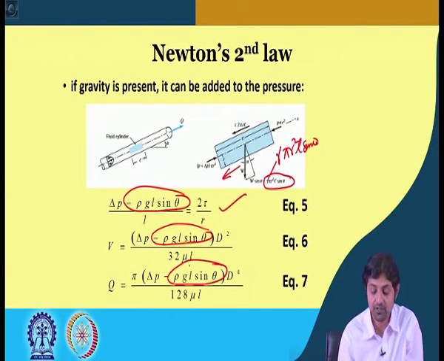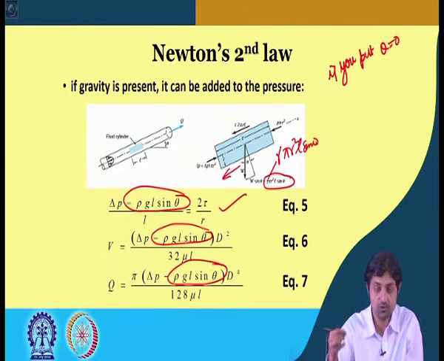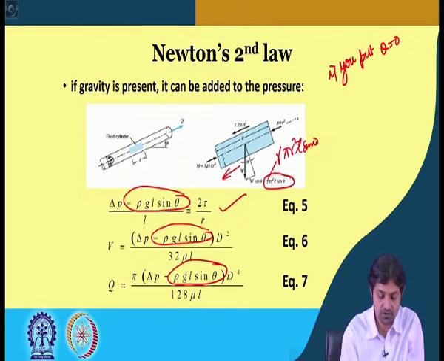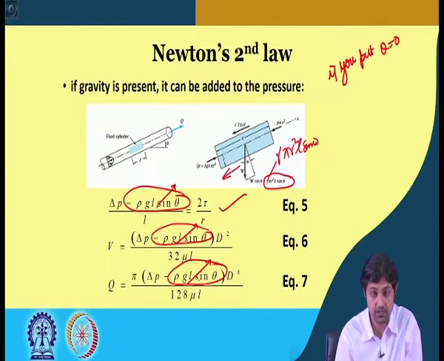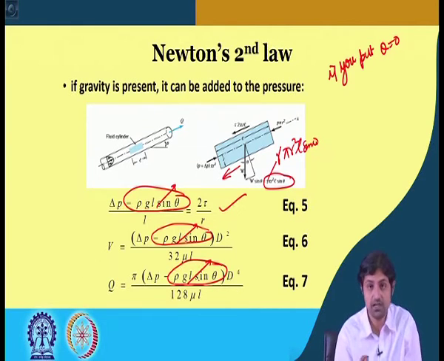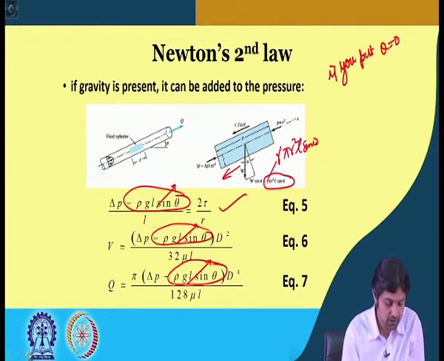If you want to verify, this is valid for all angles. If you put theta equal to 0, this term will vanish because sin 0 is equal to 0, and it will be the same as what we derived before.